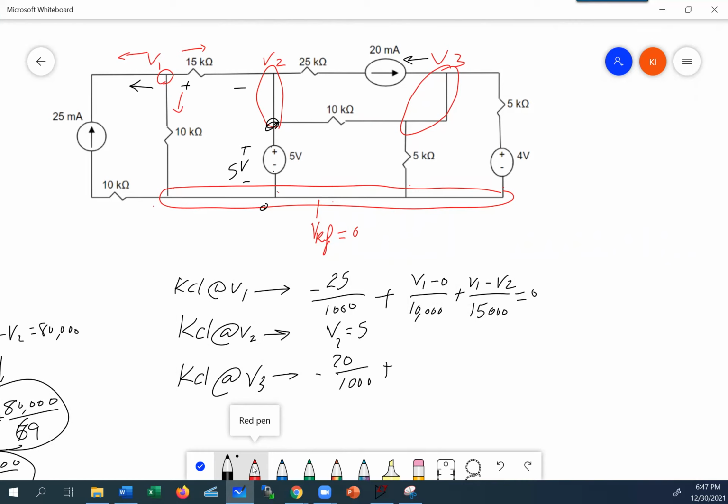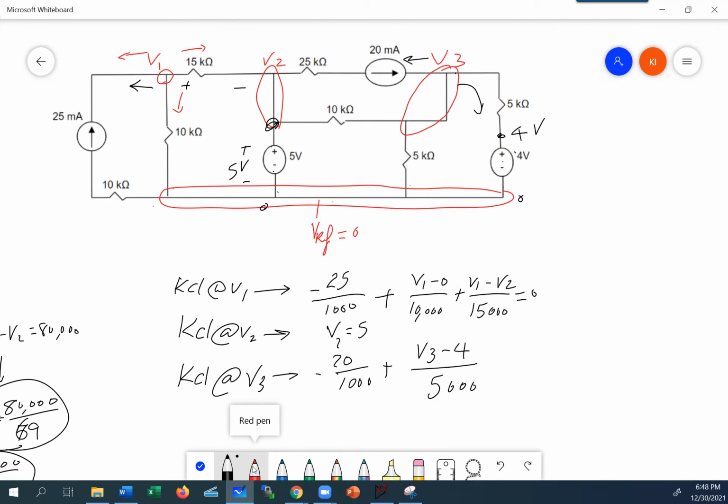And then here, I'm going to look at this and say, okay, here is 0. This is plus, so it's 4 volts higher. So this place must be 4 volts. So now if I want to find the current here, it's going to be V3 minus 4, not 0, because you got this thing here. V3 minus 4 divided by 5,000.